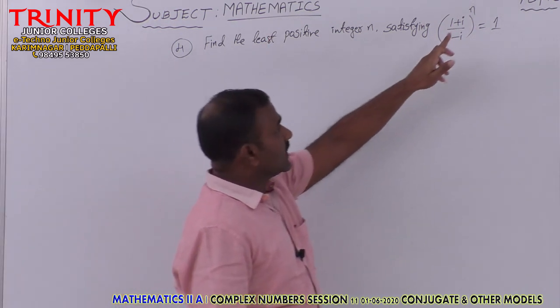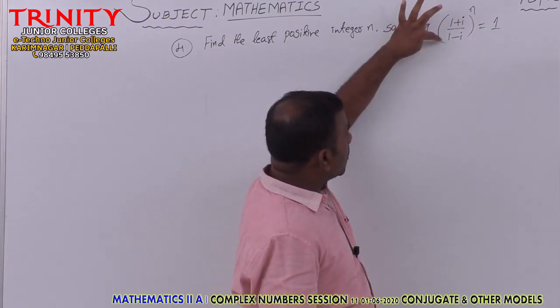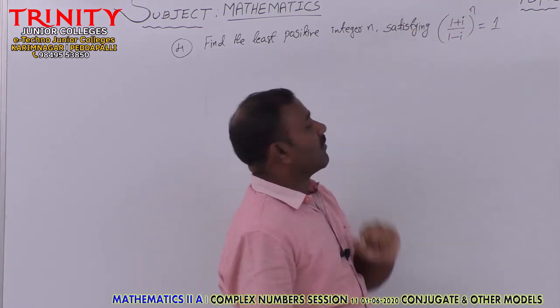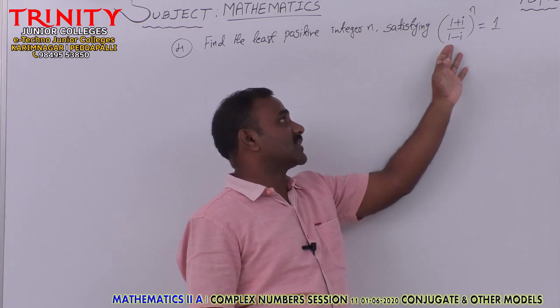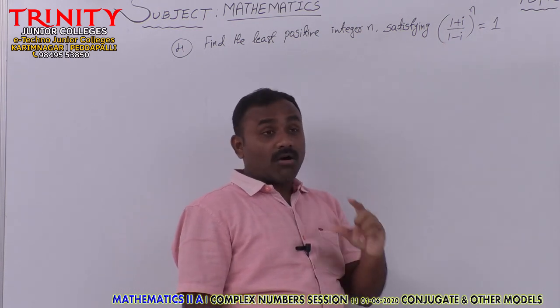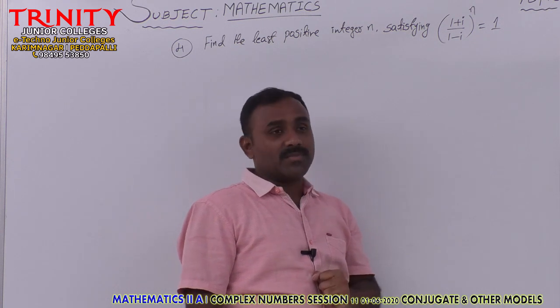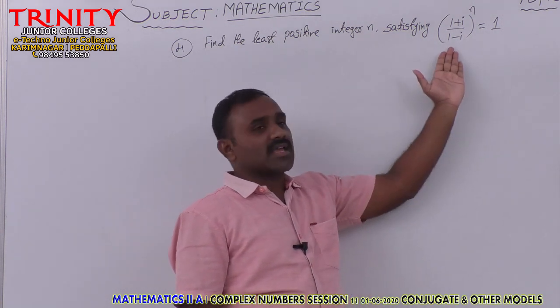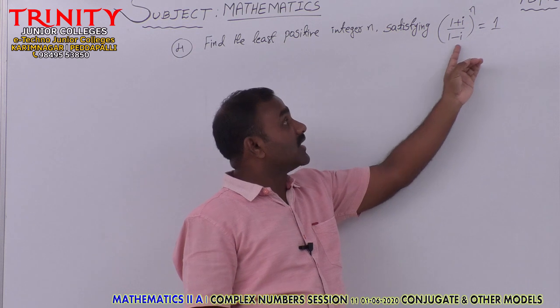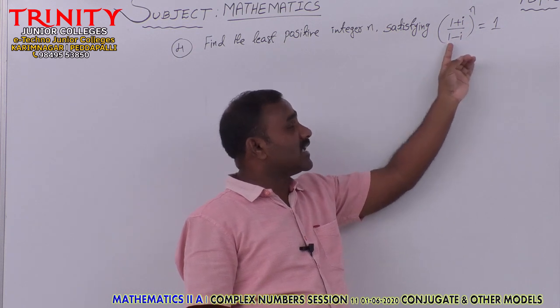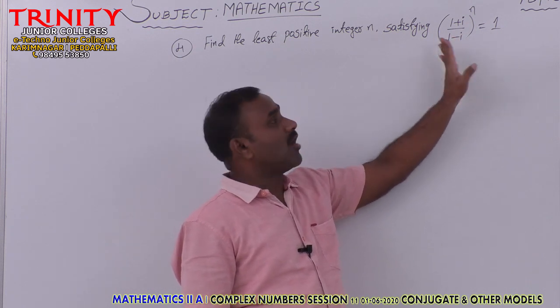To find it, first of all, (1 + i)/(1 − i) should be in the complex number form, that is a + ib. Here it is not in a + ib form, because the denominator also contains an imaginary part. We have to remove that.